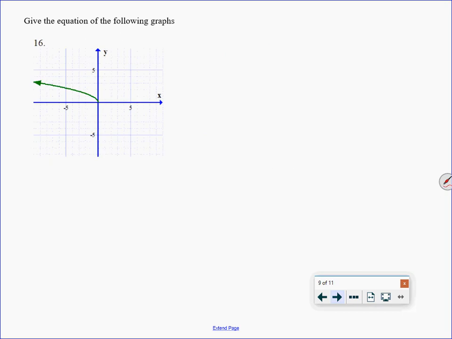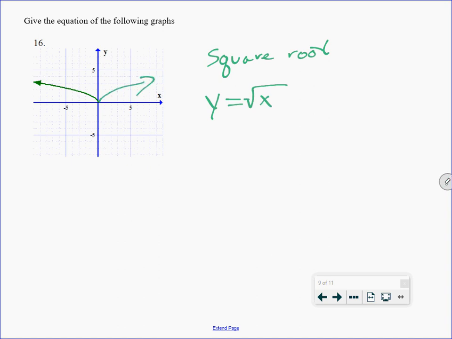For this one, we'd go, ooh, that's a square root, which is this. But a proper square root function opens this way. That function's not doing that. So how do we need to change it? Well, it's been reflected, but not vertically, but horizontally. So the negative is not outside the function, it's inside.